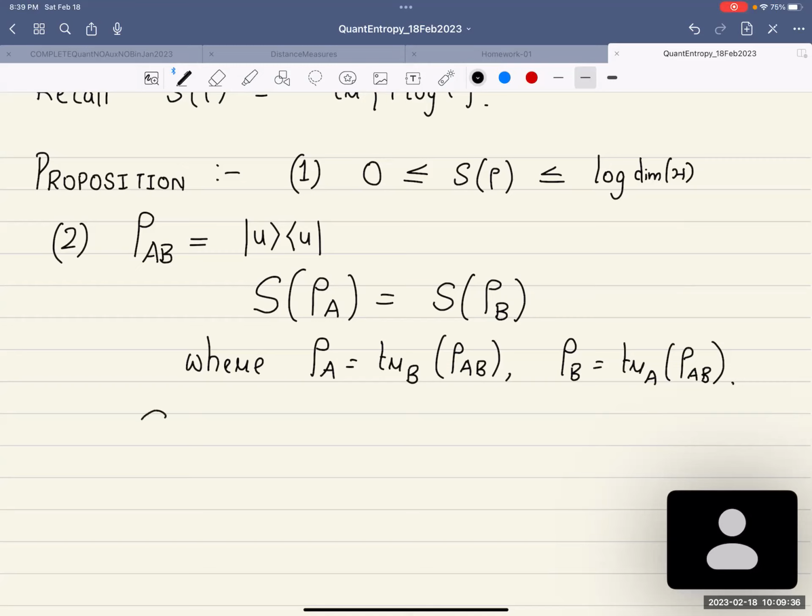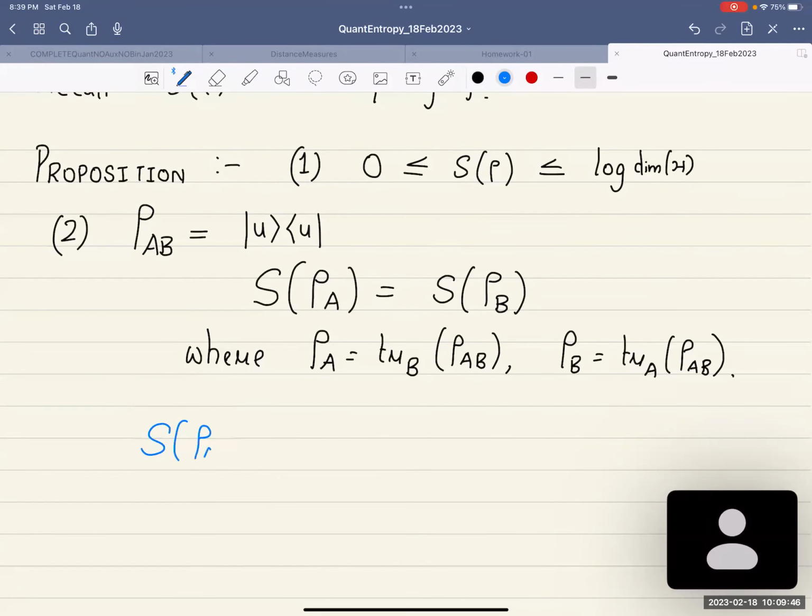What is S of rho AB? Just as an aside. What is the von Neumann entropy of any density operator? Trace of rho log rho.